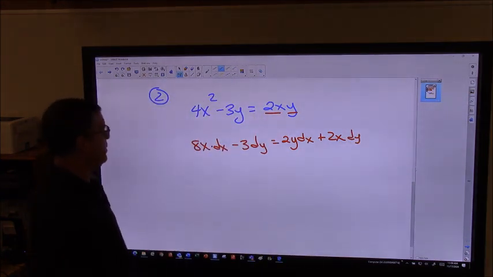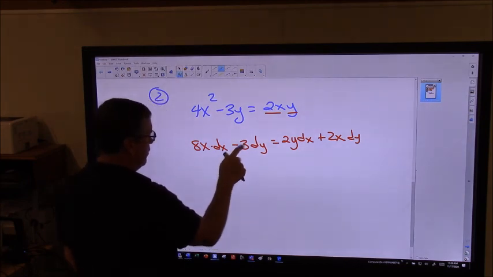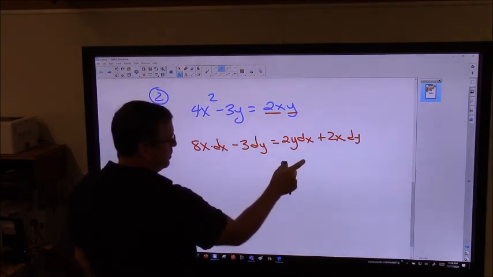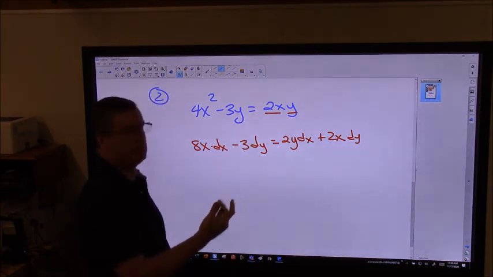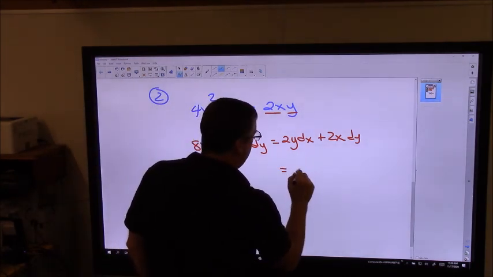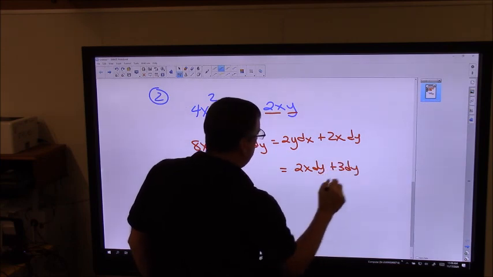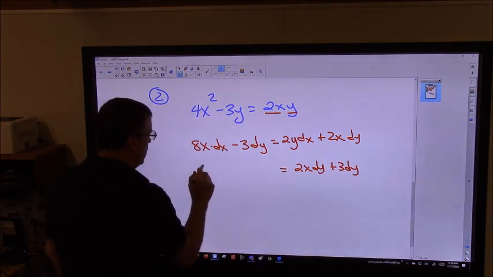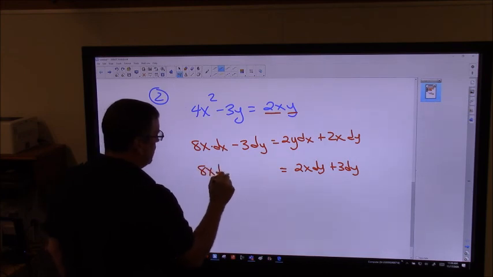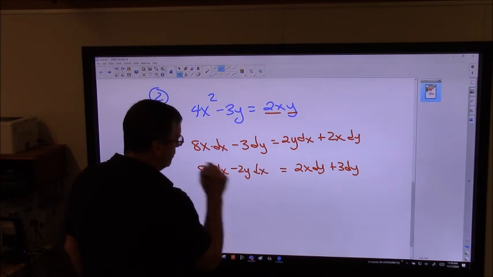So now I want to get my dy stuff on one side, dx on the other. Since that dy is already positive, this one's negative. If I move it over, both of those will be positive. That's probably a good thing. So I've got 2x dy plus 3 dy. I'll move this term back over here, and I've got 8x dx minus 2y dx.